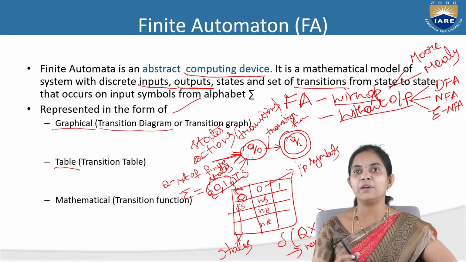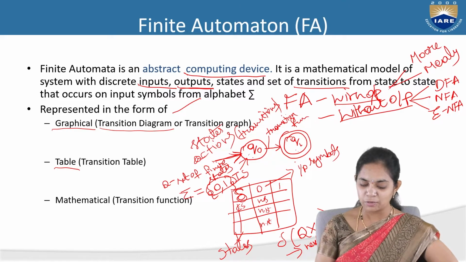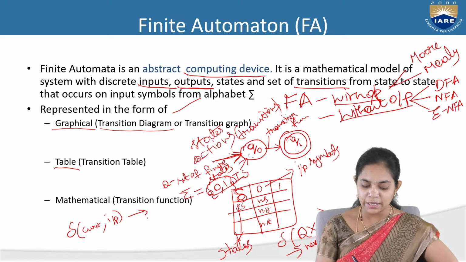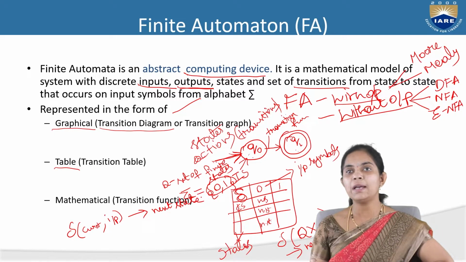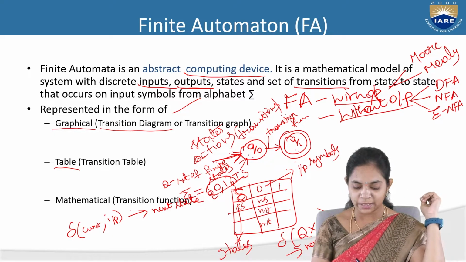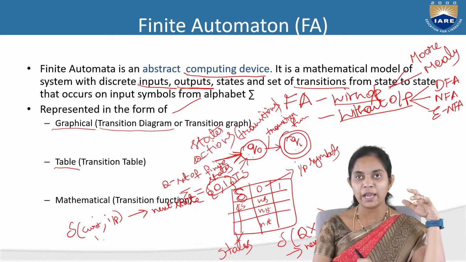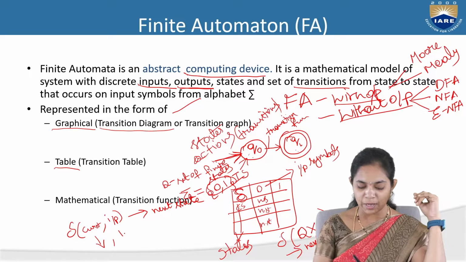And the mathematical function: this table is converted to a mathematical function, like delta of current state, comma, input symbol, which leads to the next state. So this is the mathematical function, that is, the transition function. For every state we give an input symbol and it leads to the next state.